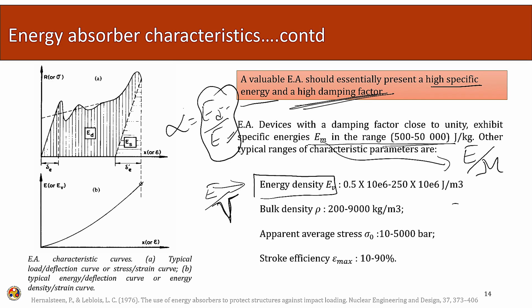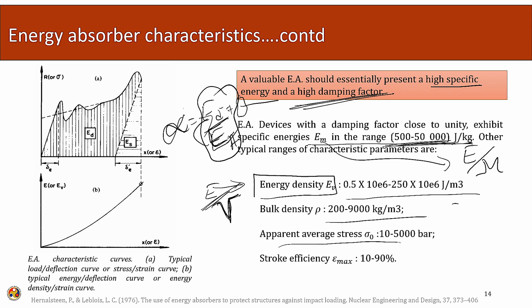The total energy becomes close to the dissipated energy, so the stored energy is minimal. This is a very efficient system, and in this case the energy absorbed per unit mass is in the range of 500 to 50,000 joules. Energy density, the total energy divided by the volume, is in the range of this number. Bulk density is 200 to 9,000 kg per cubic meter.